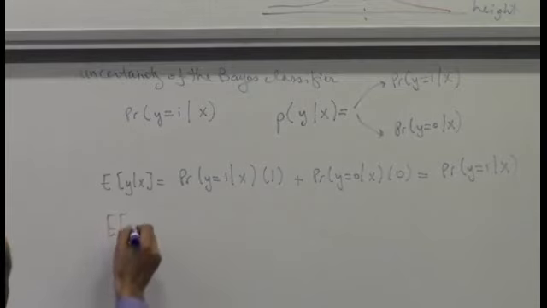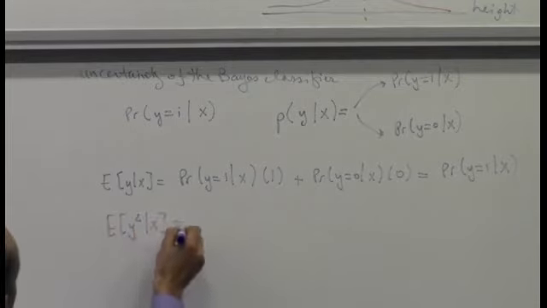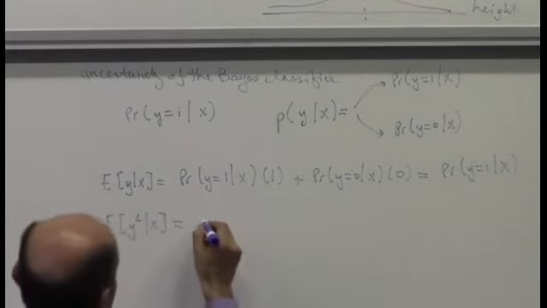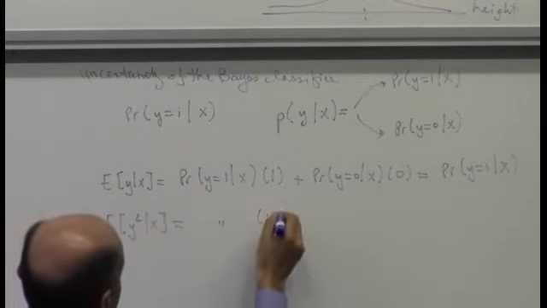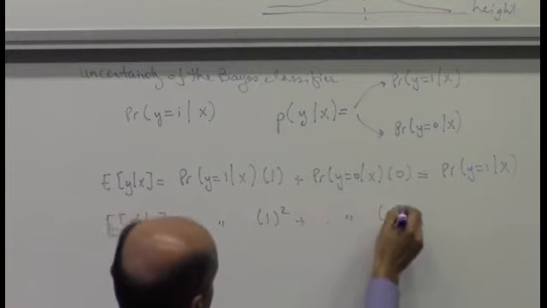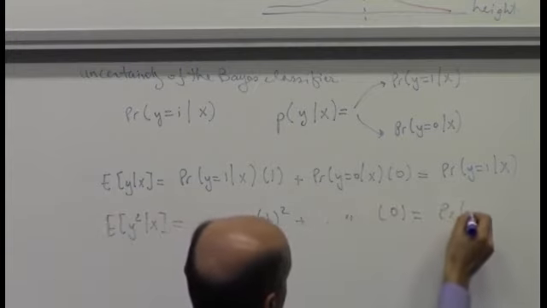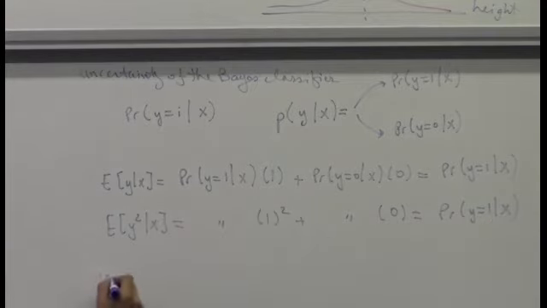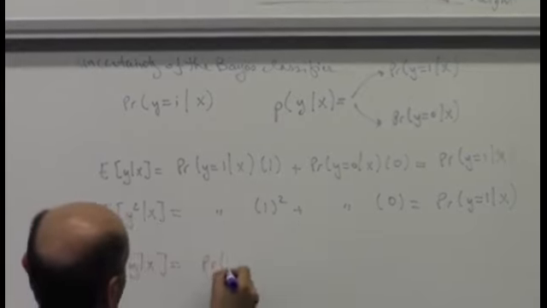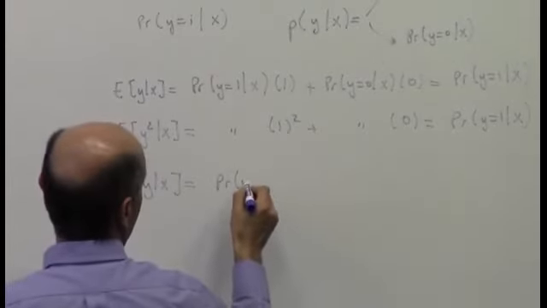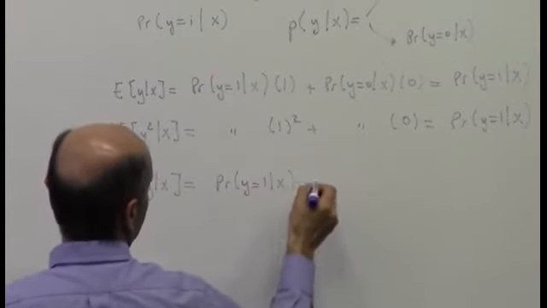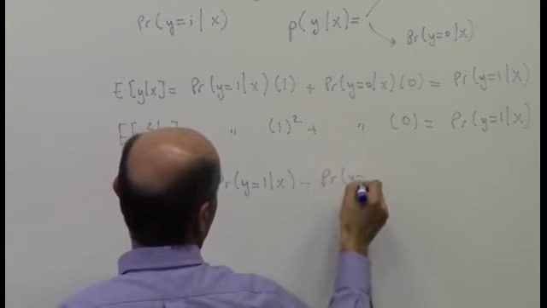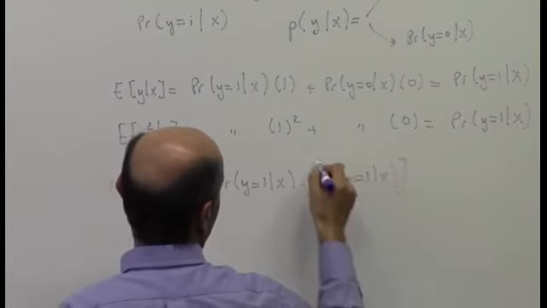Then the expected value of y squared given x is also equal to this. So the variance of y given x is equal to the probability of y equal to 1 given x minus the probability of y equal to 1 given x, quantity squared.